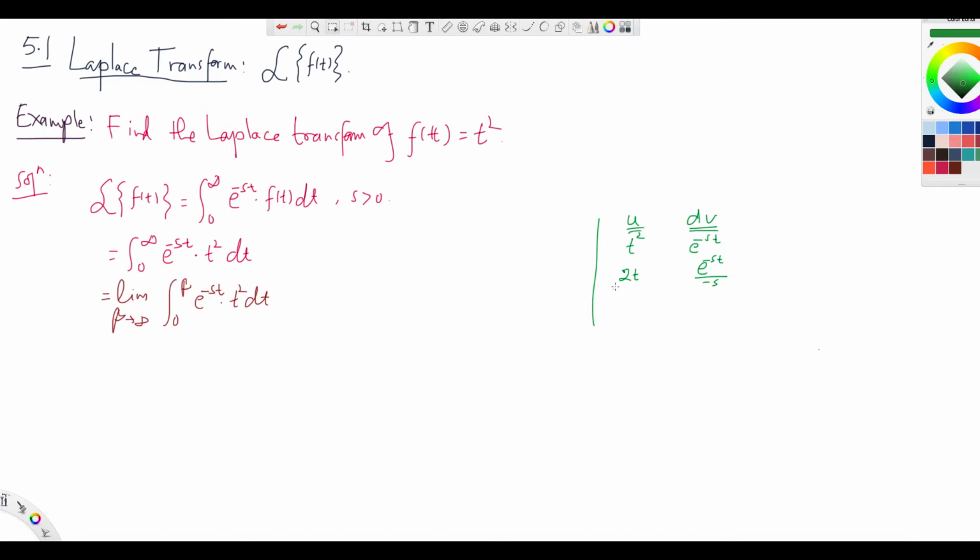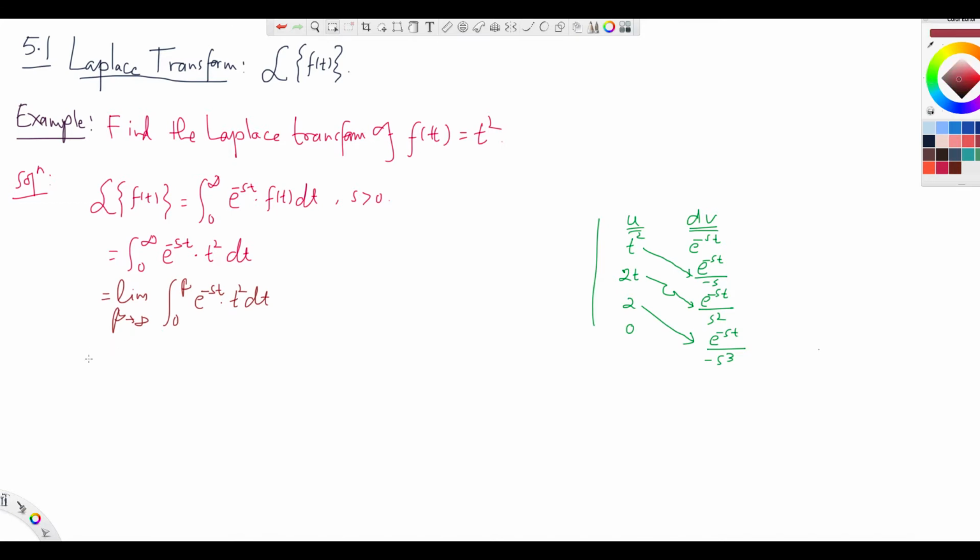What is the derivative of 2t? It is 2, so the antiderivative is e to the negative st over s squared, and then this is 0. So this will be e to the negative st over negative s to the third.